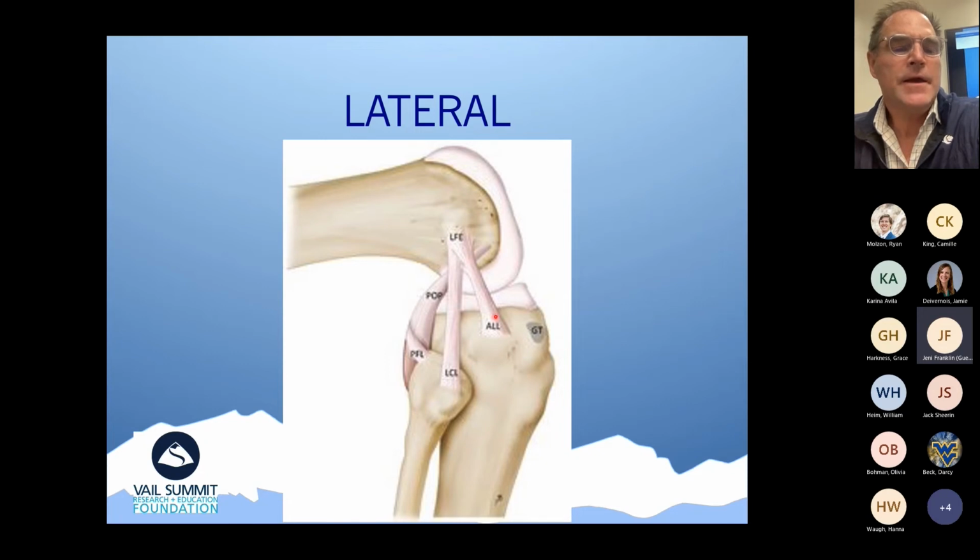So yes, it's an expansion of the capsule, much like the meniscotibial and meniscofemoral ligaments are expansions of the capsule, much like the posterior oblique ligament is an expansion of the capsule. Remember, these tissues cross a joint and connect one bone to another bone, which is what capsules do, which is what ligaments do.